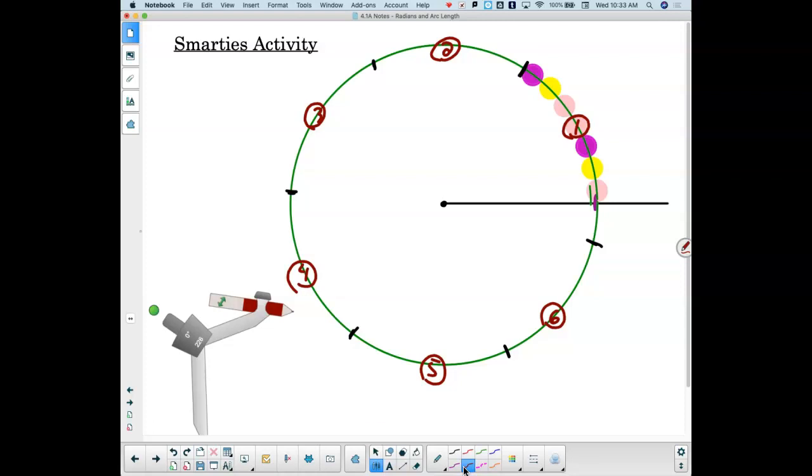Depending upon how accurate you were, it should be right around 2 to 2.5 Smarties to go in there. It depends on the Smartiness, like sometimes your Smartie got scrunched a little bit, but it should be right around 6 sections.